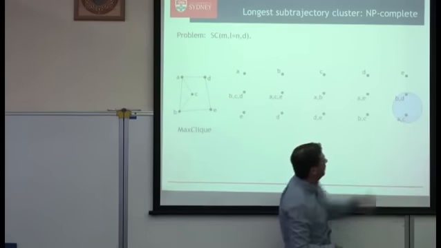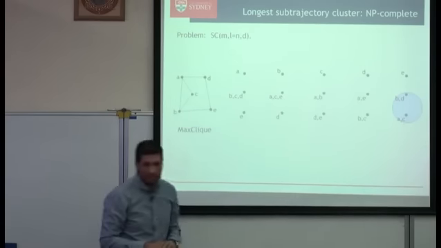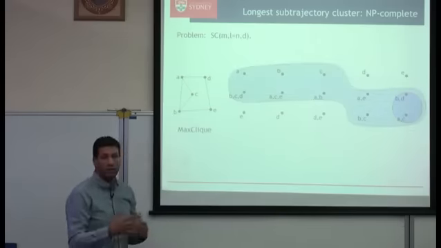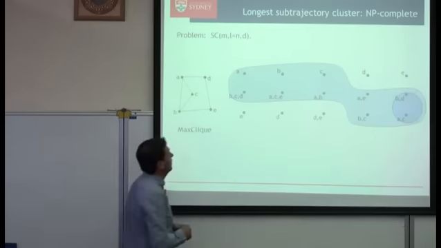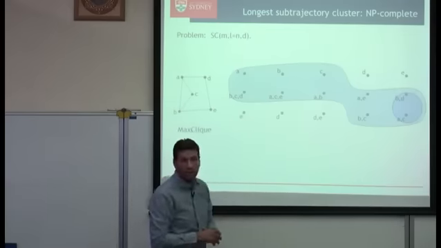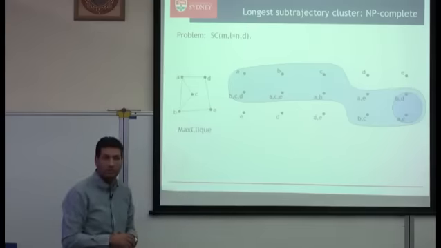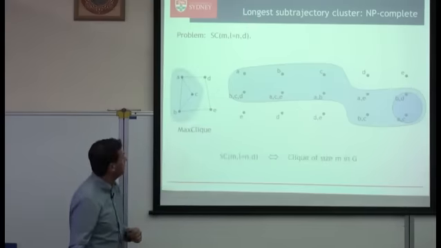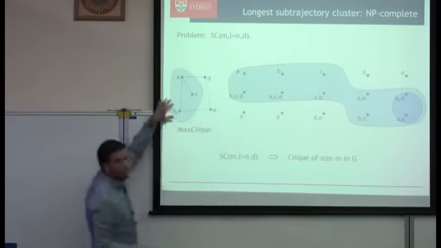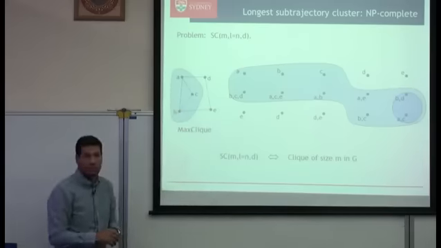And here I get B, D, and A, C. So I get the following cluster. It's clear here that I will lose out on D and E. So it turns out that A, B, and C form a clique of size 3.